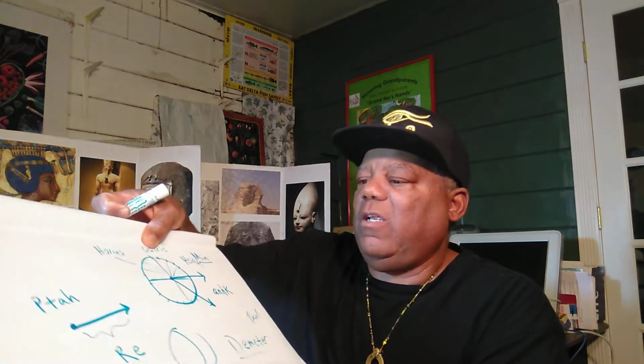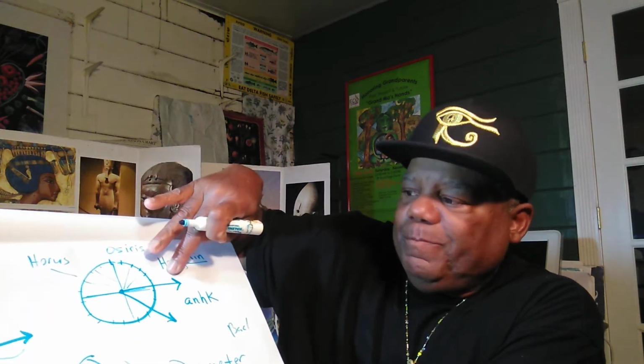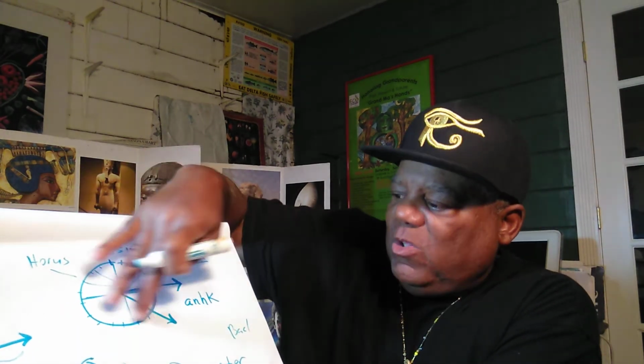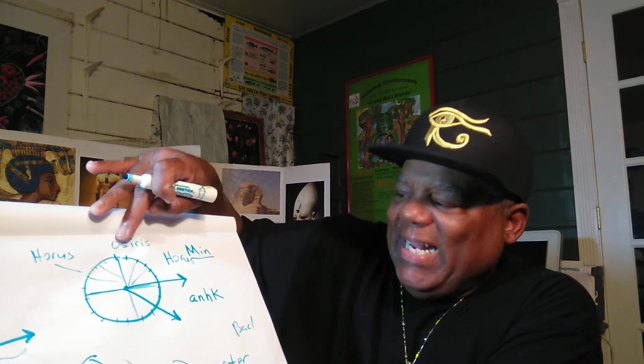And then they made a circle around the point, and that circle was called an Osiris. It was a recycling function. The circle was Osiris.